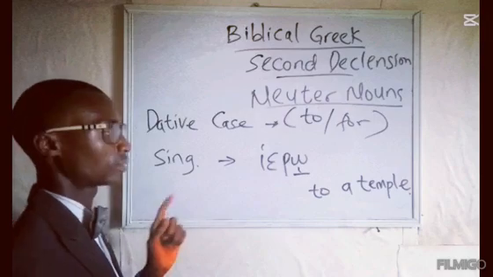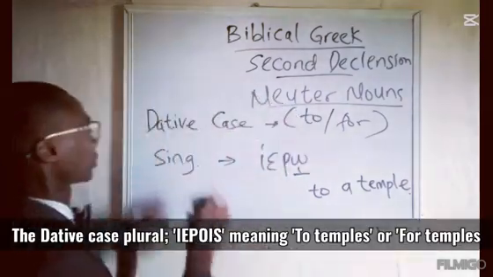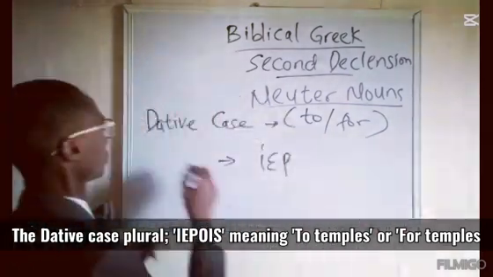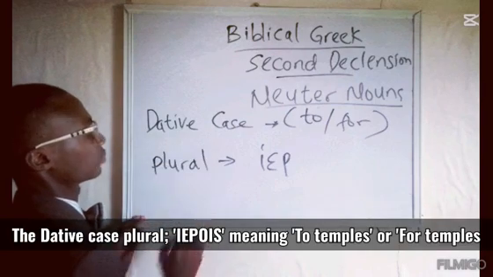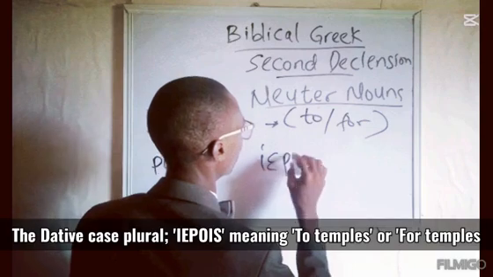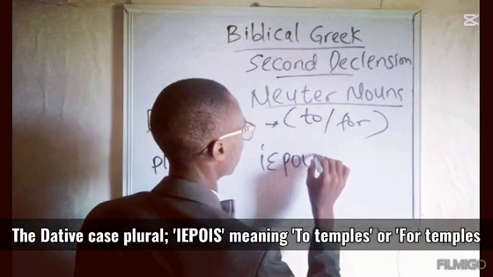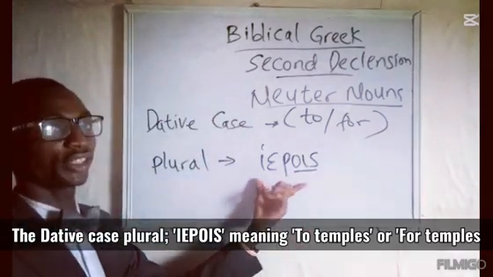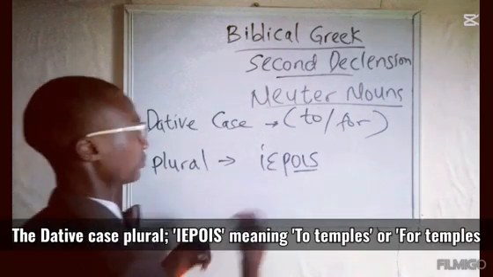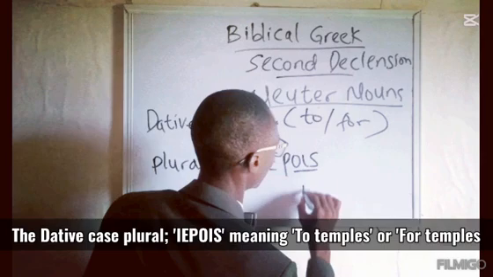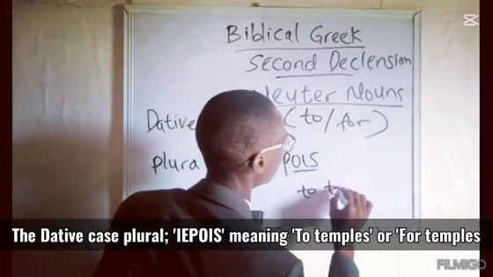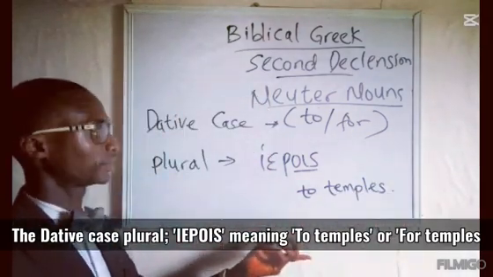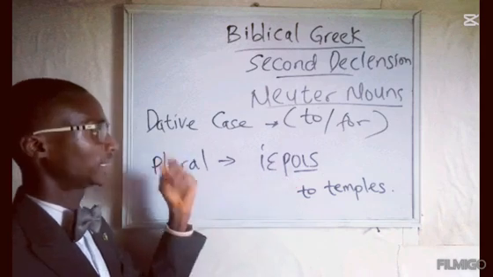Now let's see the plural form. The plural form is here, hierois, which means to temples or for temples, because that's a plural dative case.